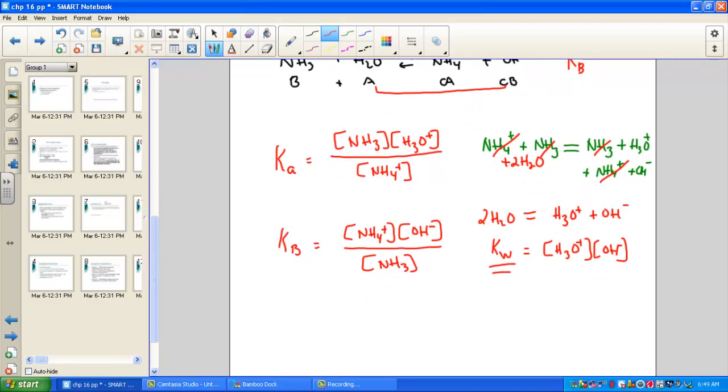In other words, we have a relationship. Remember when we add equations, we multiply the K constants, and we came up with Kw. There indeed is our relationship between Ka and Kb.